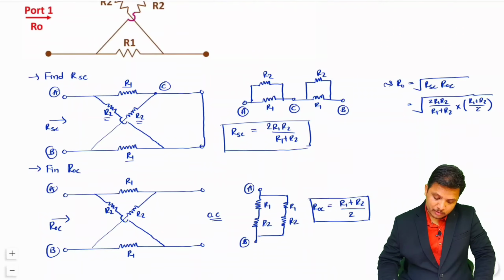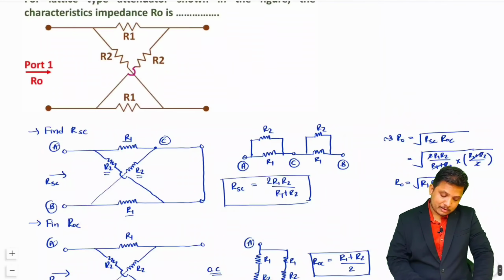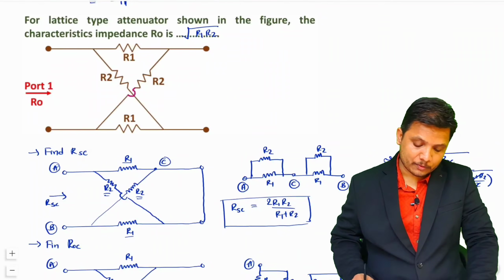So this 2 and this 2 will get cancelled, and this R1 plus R2 and R1 plus R2 will get cancelled. So this R0 will be the square root of R1 R2. So for this type of lattice structure, the characteristic impedance will be the square root of R1 R2.